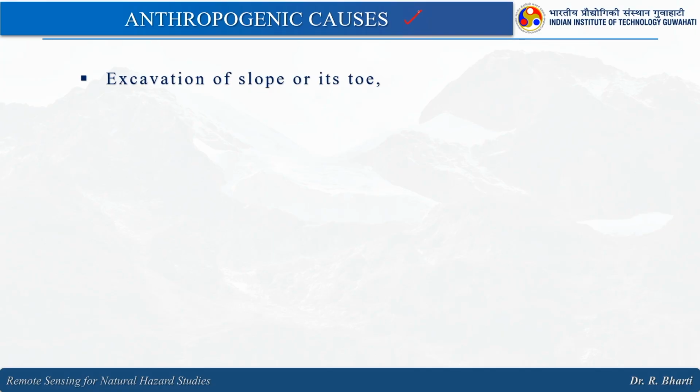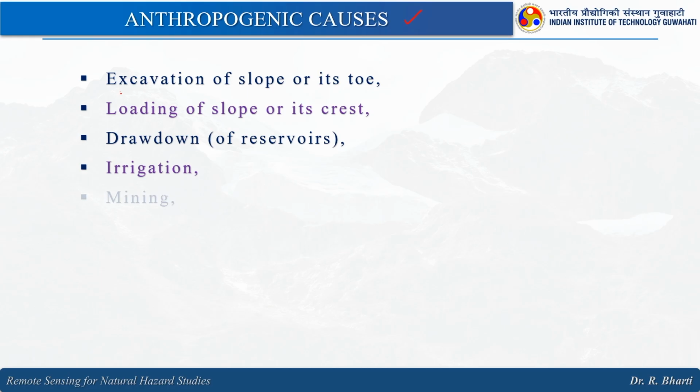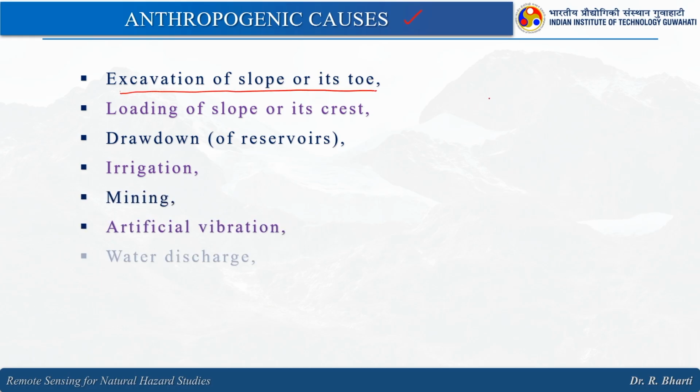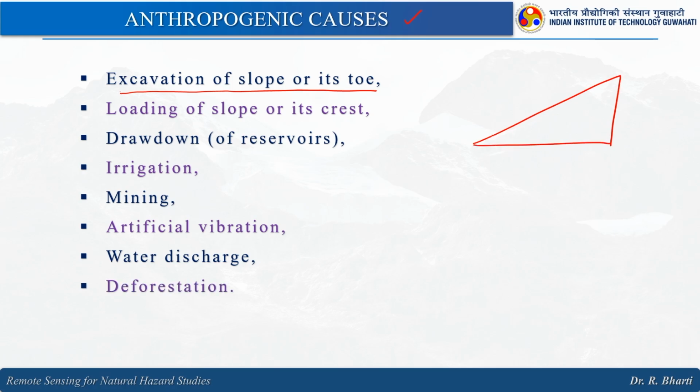Now we will talk about the anthropogenic activities. The first one is the excavation of slope or its toes, right. So, when there is a slope and we are trying to remove some material from here or from here, or we are disturbing this slope, that will also cause it to fail, right.